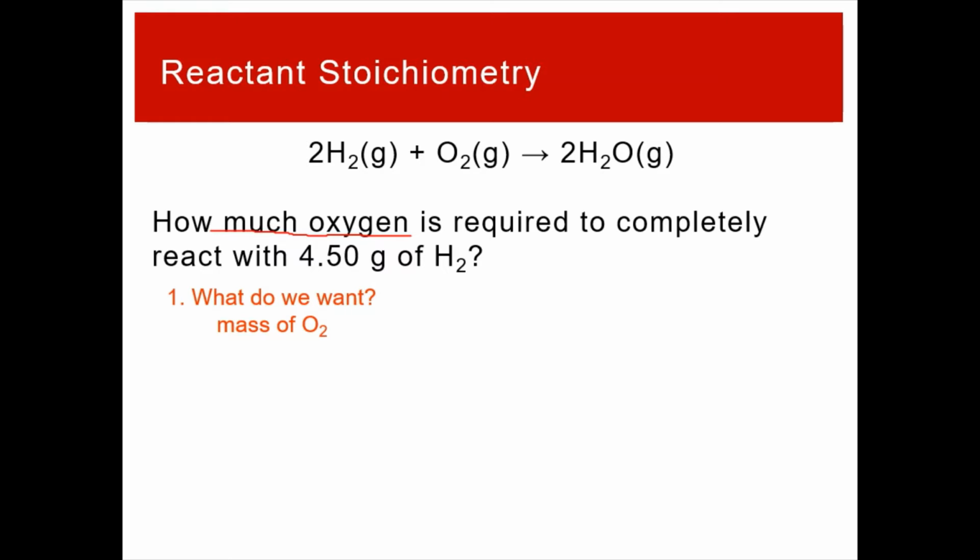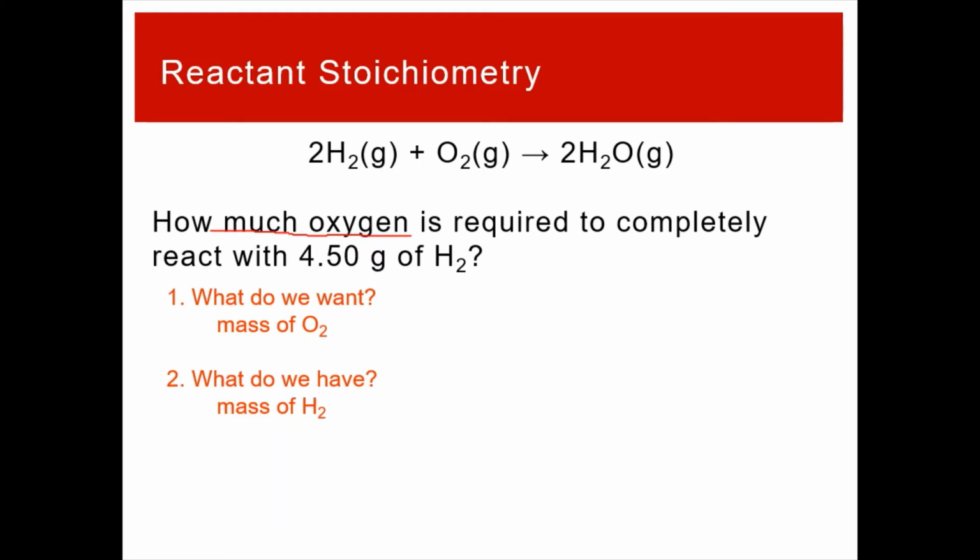Unless you are asked explicitly for how many moles of this molecule or how many atoms or molecules, if it's not clear what it is, mass is always going to be what you want. How much necessarily implies mass, because how much implies it's uncountable, and everything else is a counting unit. So it's how many moles, how many molecules, how many of those. How much implies that it is mass, like how much money versus how many dollars.